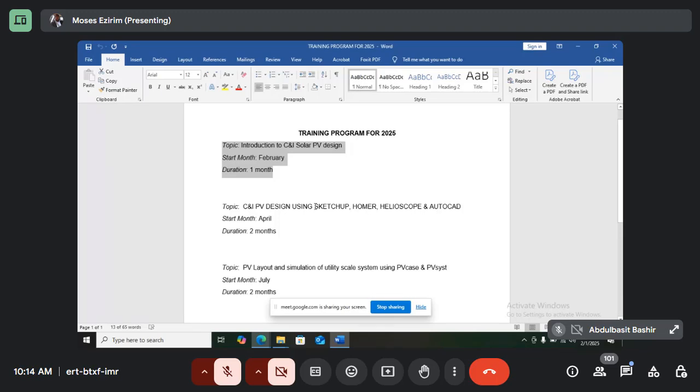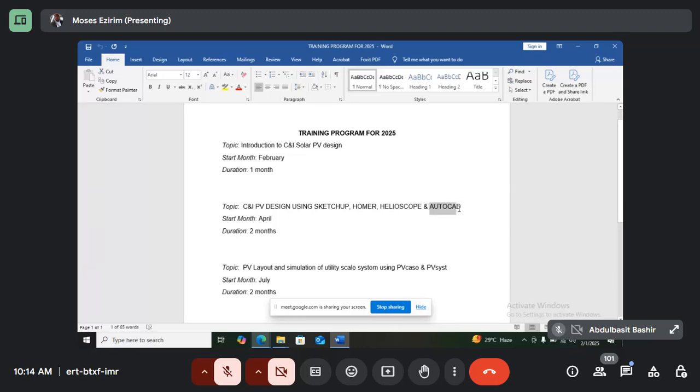We're going to be looking at HOMER, for those of you mini grid experts combining solar PV, battery, grid and diesel. We are going to be looking at the strictly hybrid. Then we are going to be looking at HelioScope as well. Then we see AutoCAD.